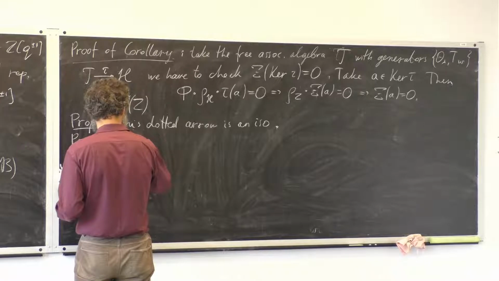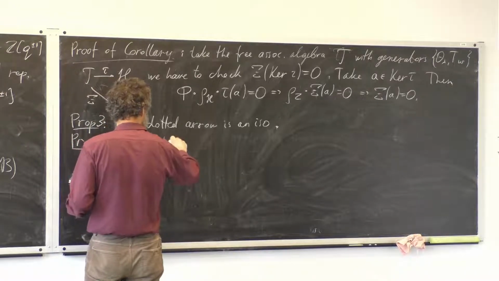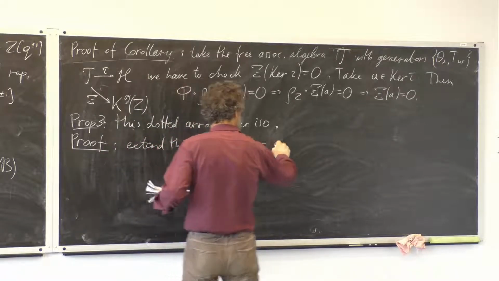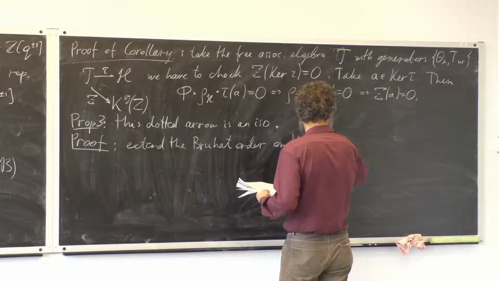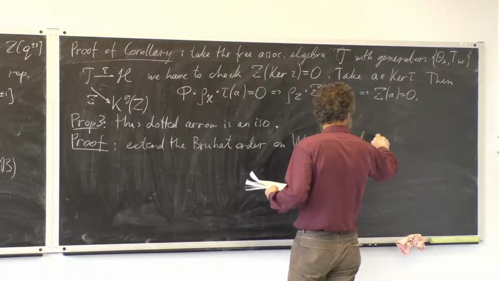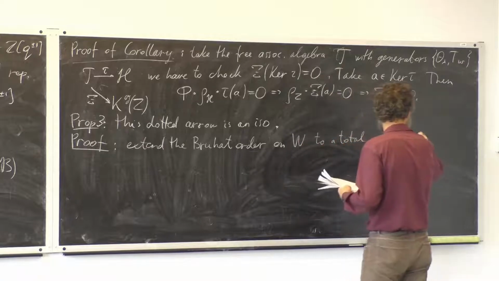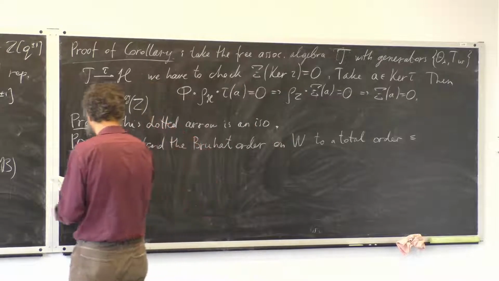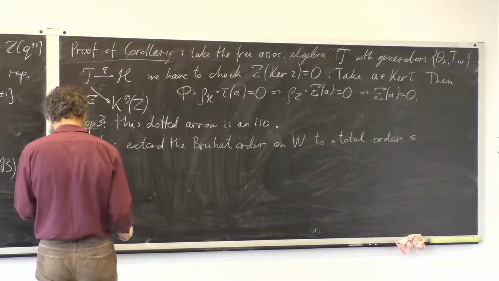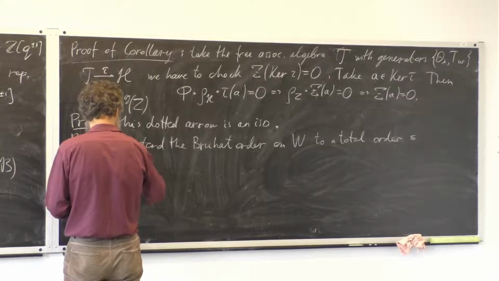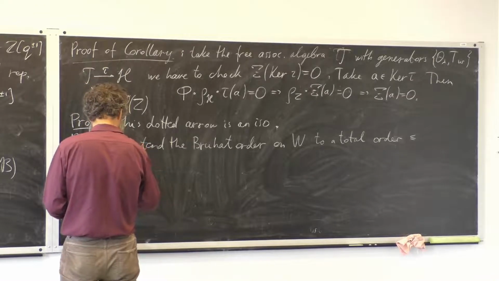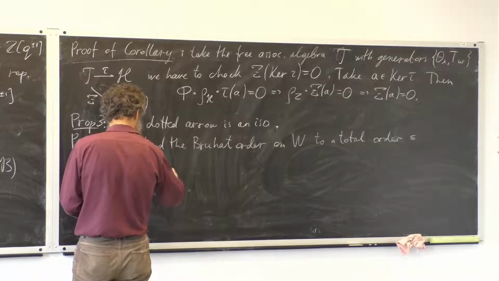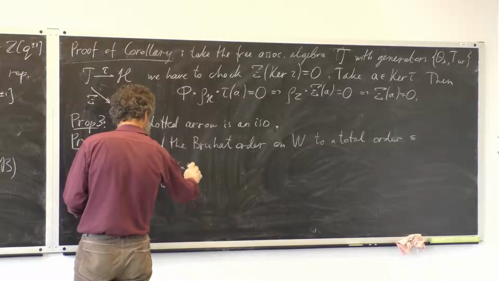So let's extend the Bruhat order on the Weyl group to a total order with the same notation, and set Z less than or equal to W is the disjoint union of conormal bundles to the orbits smaller than W. Oh, sorry.